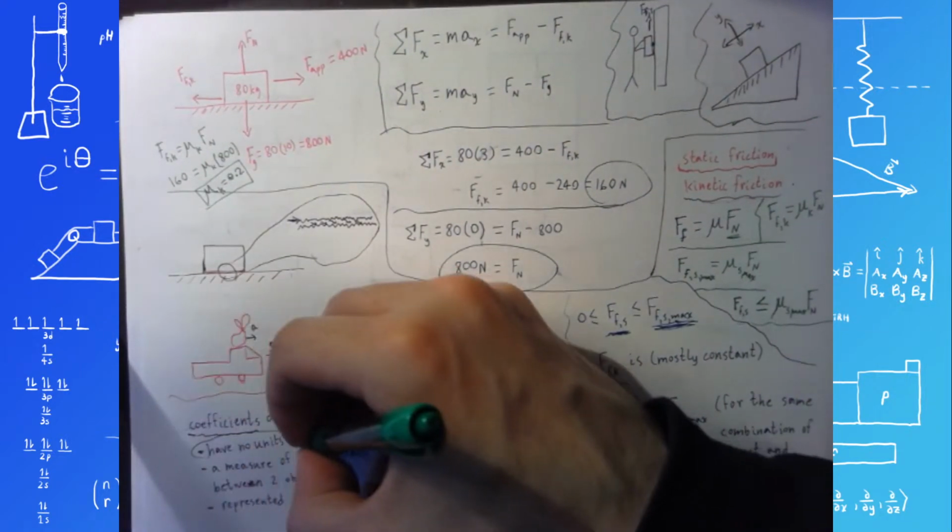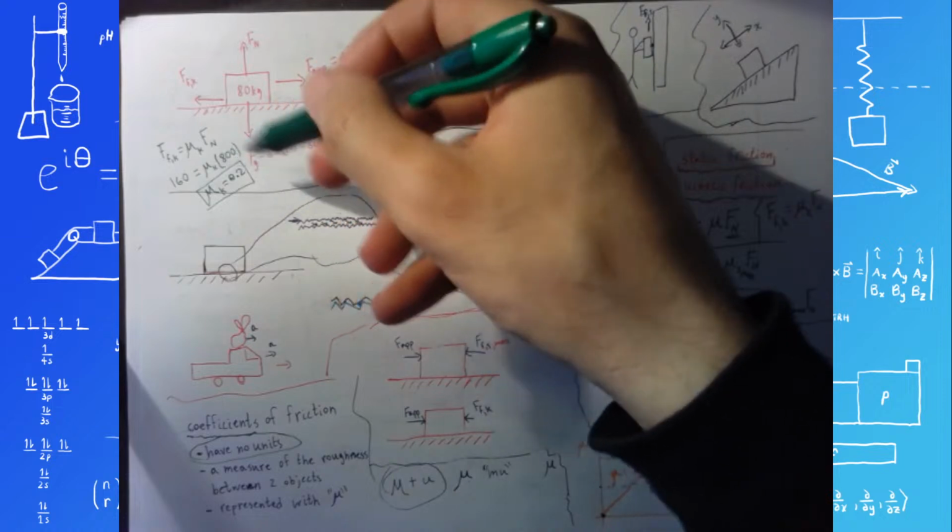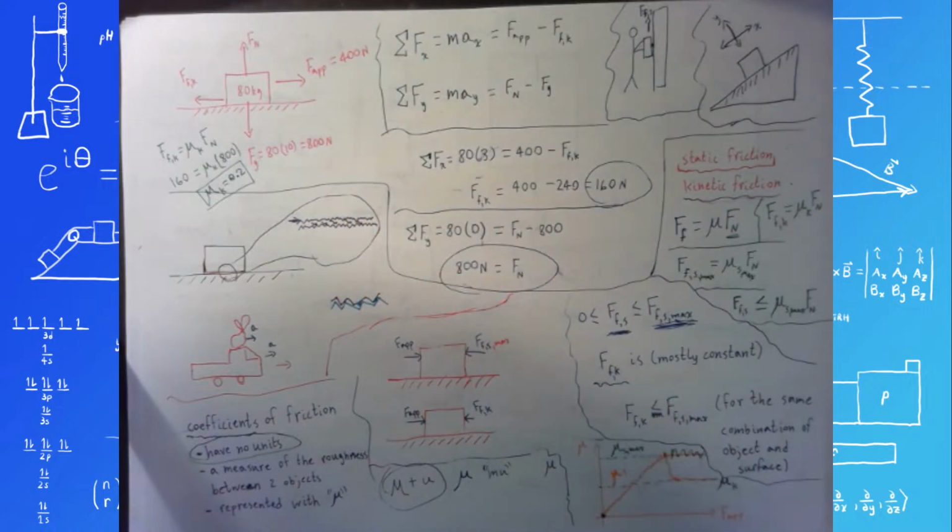I know I mentioned it before over here, but now we can see mathematically why that has to be true. Coefficients of friction are unitless. One of the few things in physics where you don't have any units.